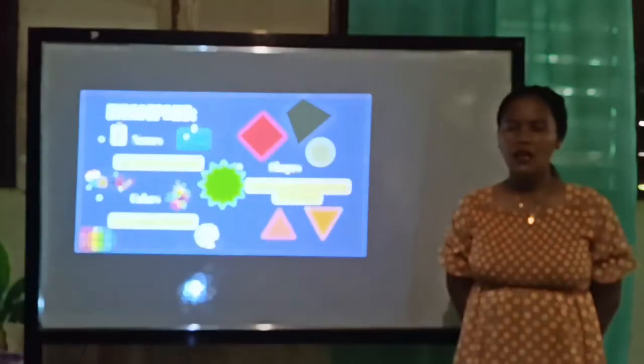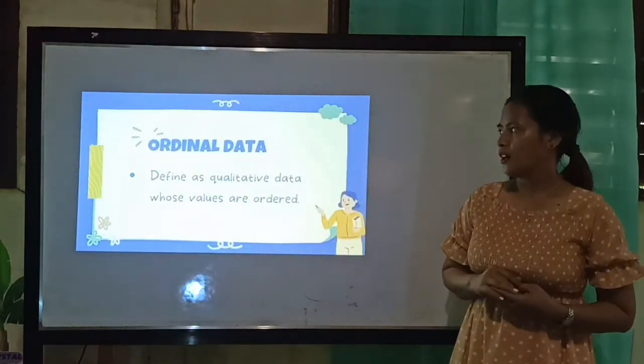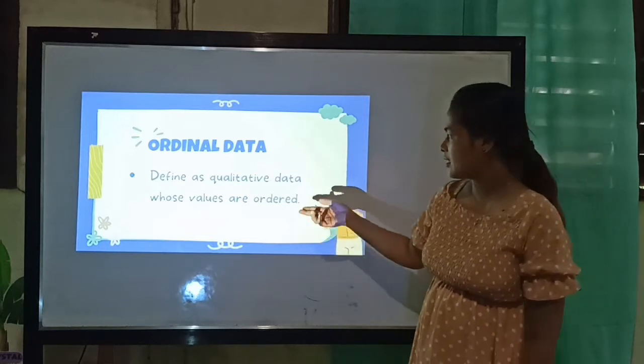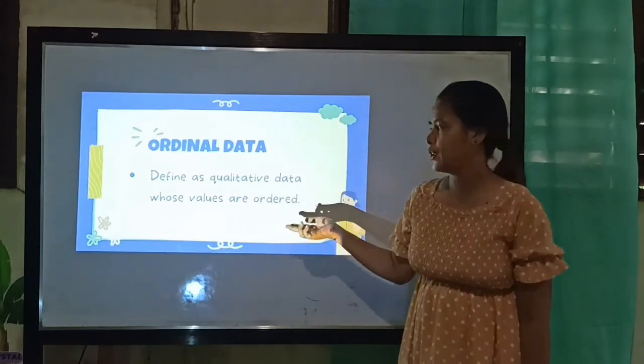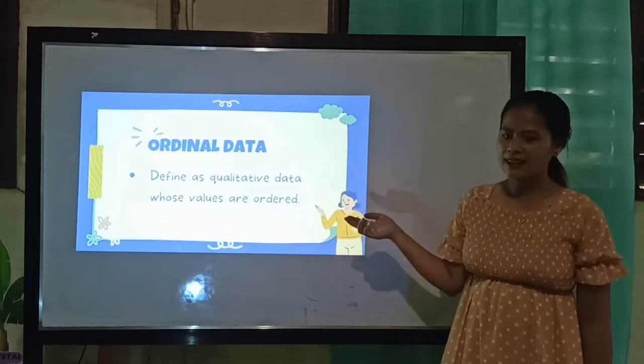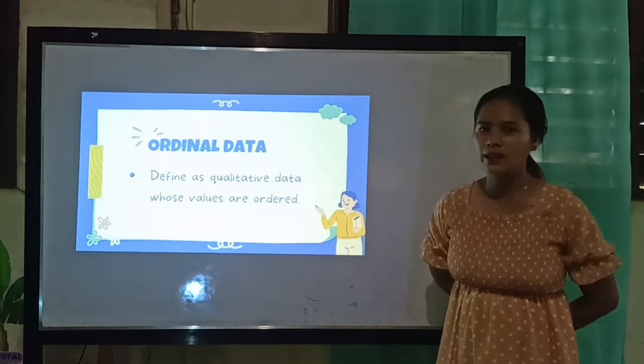So another type of data in statistics under categorical is ordinal data. When we say ordinal data, it is defined as qualitative data whose values are in order. When we say qualitative, the data is not easily reduced to numbers and is answerable with the questions how, what, and why.